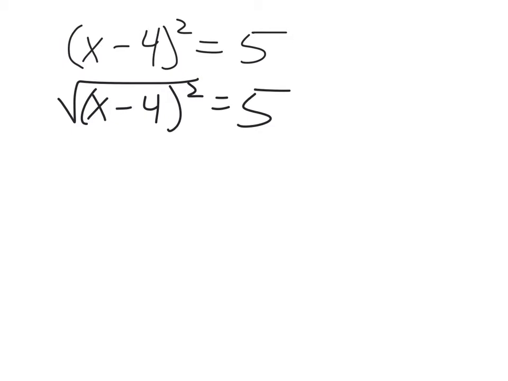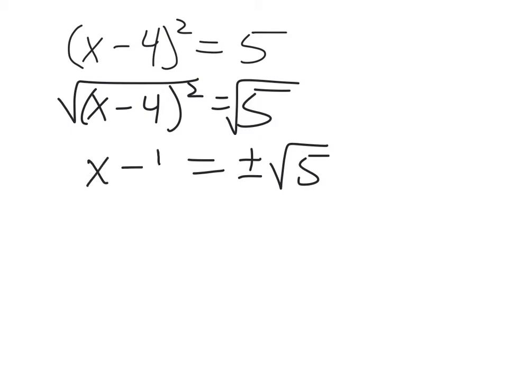Now, again, technically, the square root of the square, the results will be the absolute value, which, oops, I guess we need to square root both sides, which the right side then we can say it's both positive and negative square root of 5, and we have the x minus 4.